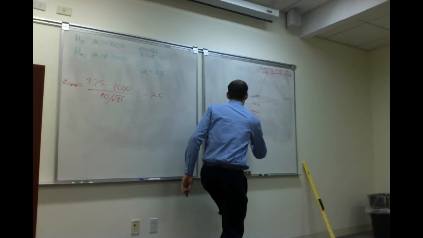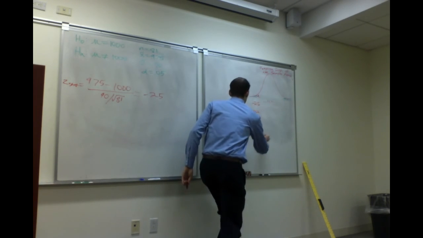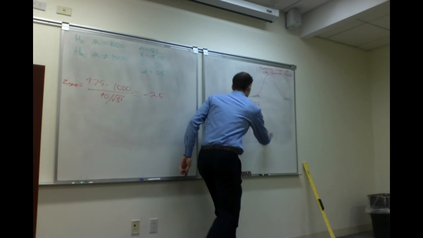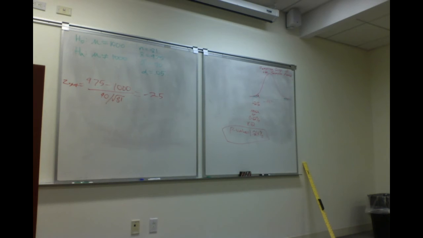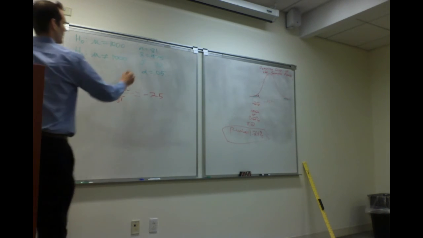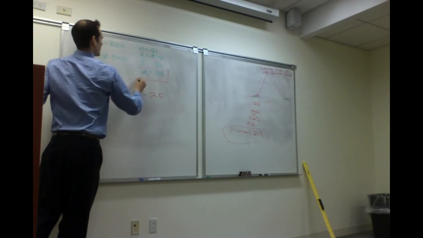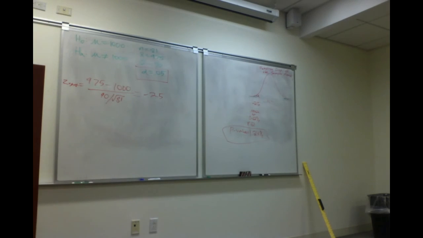P-value equals. Okay. And then the question asks us, should we reject the null hypothesis? Our significance level is 5%. Our p-value is 1.24%.